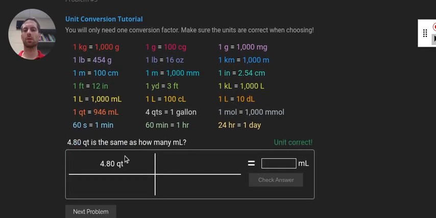So quart to milliliter. I want milliliter on top. I want quarts on bottom because down diagonal is going to cancel. So 4.8 times 946.